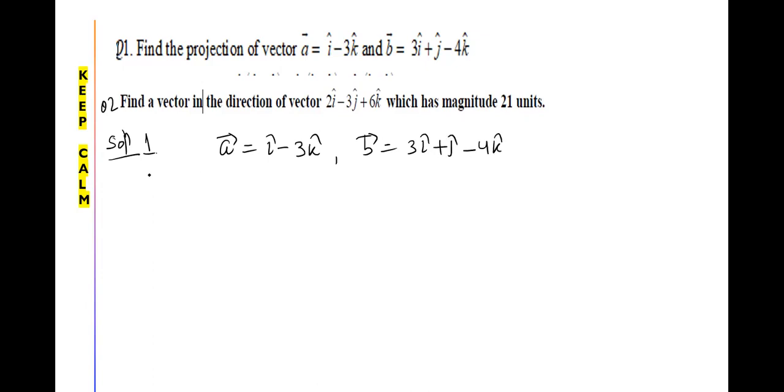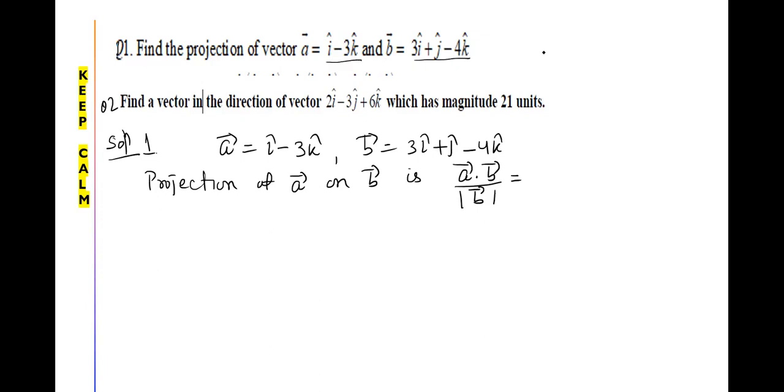Now, the projection of A vector on B vector is given by A dot B divided by magnitude of B. A dot B you can find out by taking this vector dot this vector. When you take the dot product, you write A1 into A2 plus B1 into B2 plus C1 into C2.